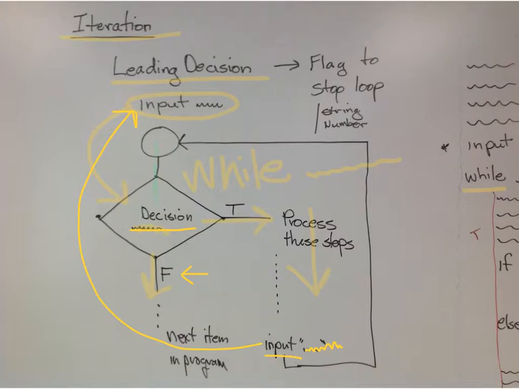We can go through these steps, come back up, and keep going in this loop, right? Do you see how the loop works? Until something here makes us false, and then we go this way.